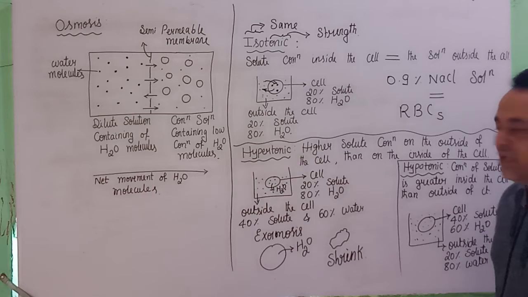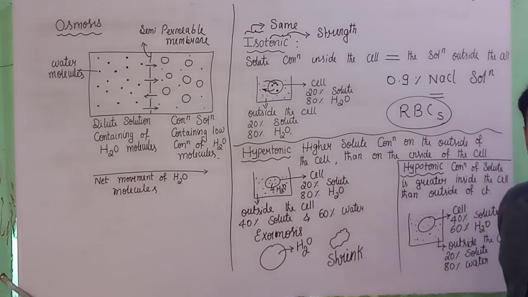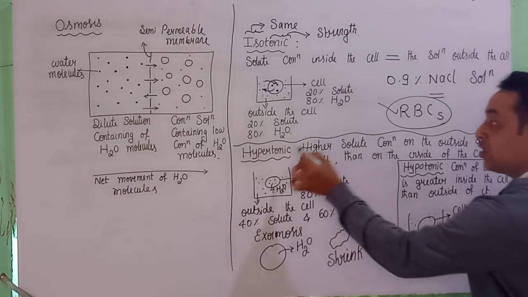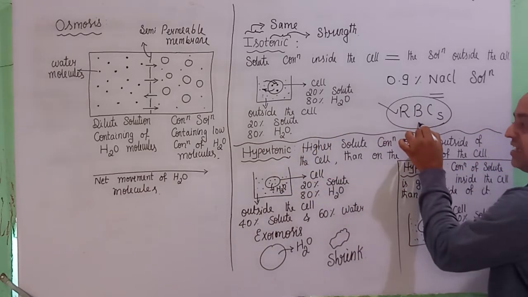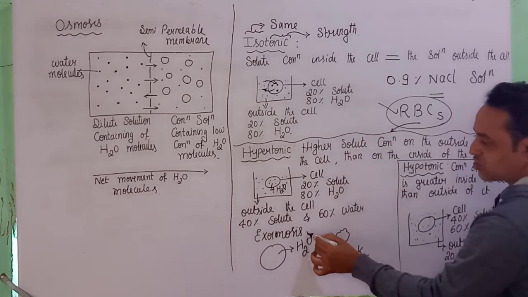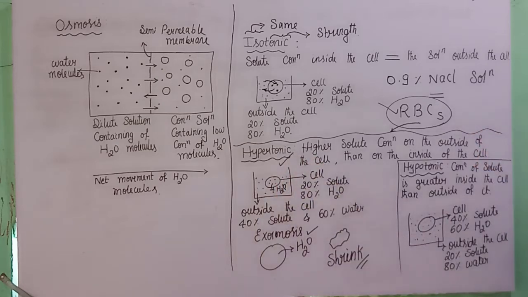You can find this when you place red blood cells in seawater. As the seawater is hypertonic in comparison to red blood cells, the water molecules from the RBCs come out and the red blood cells shrink because of exosmosis when you place red blood cells in hypertonic solution.